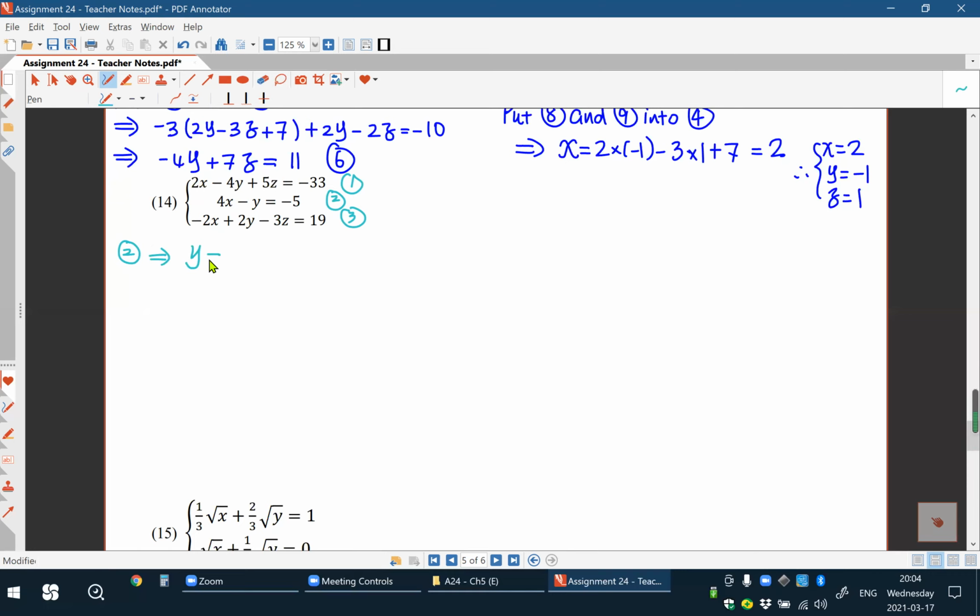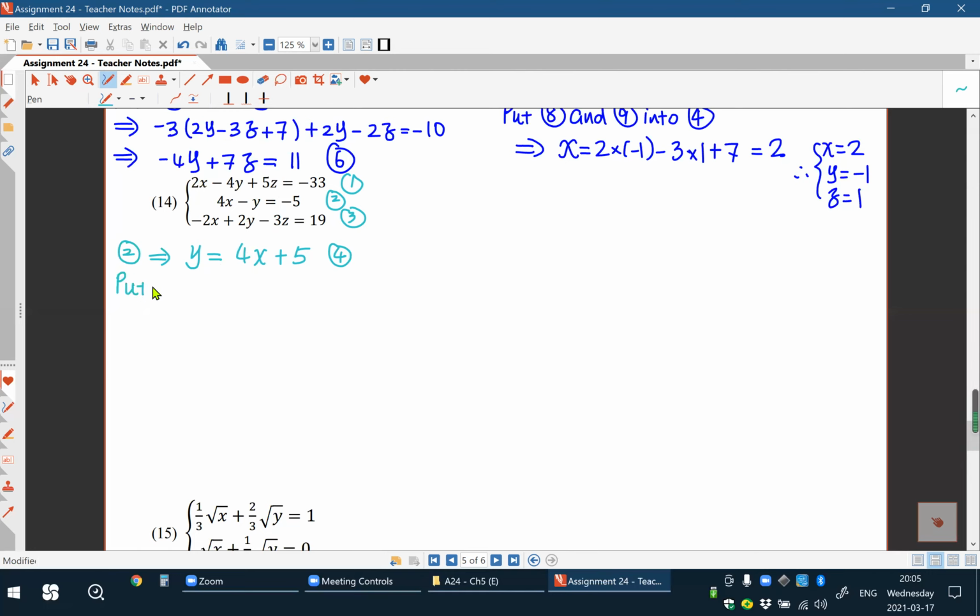So equation 2 tells you y equals 4x plus 5, which you don't see written that way here. Doesn't matter. You can still put number 4 back into the other two equations, and it will give you a two variable, two equation system.